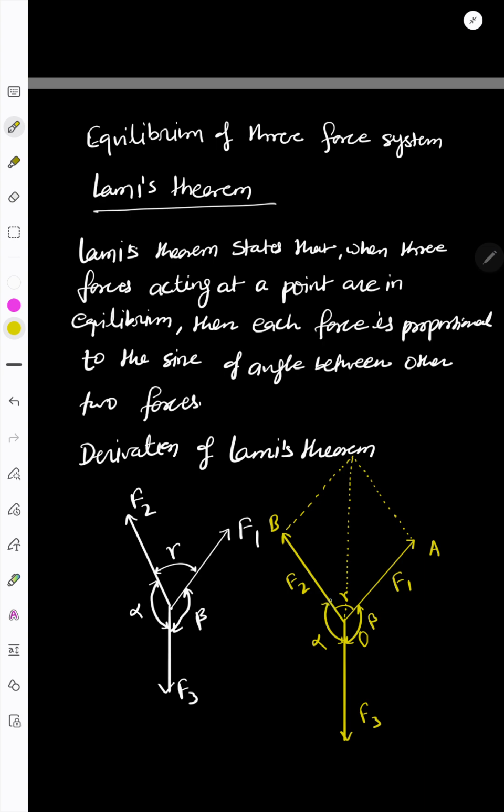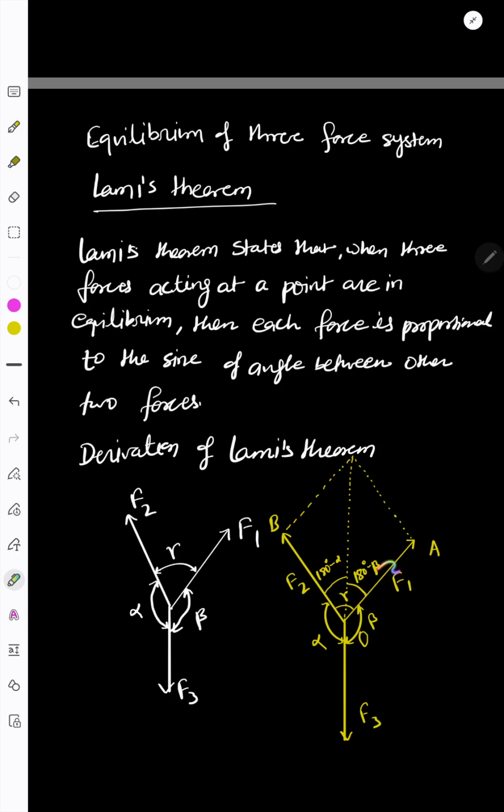As this angle is alpha, the remaining angle on the straight line will be 180 degree minus alpha, and similarly this value is 180 degree minus beta. This angle is gamma.